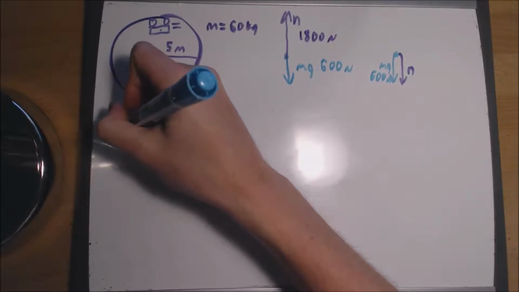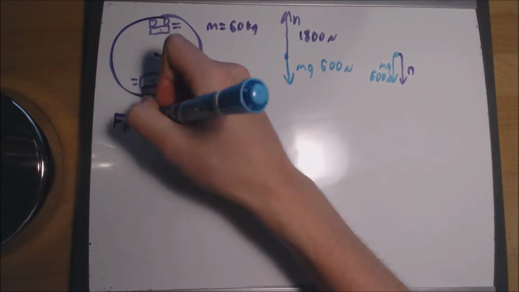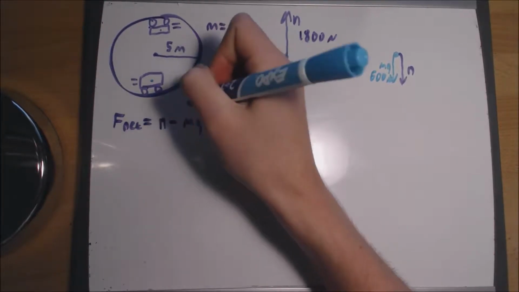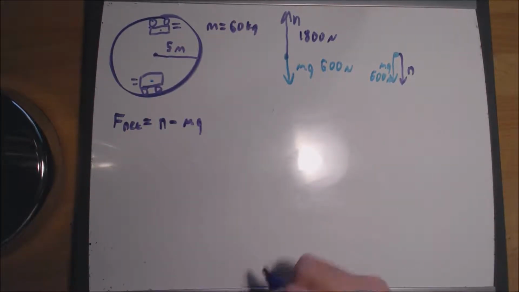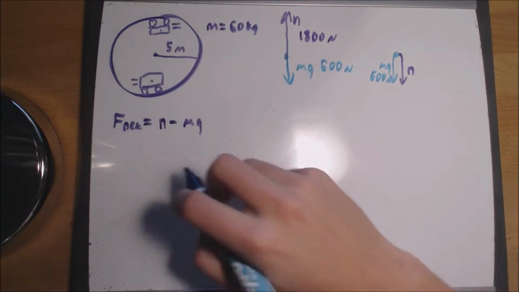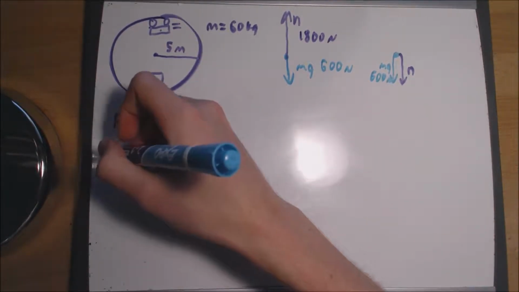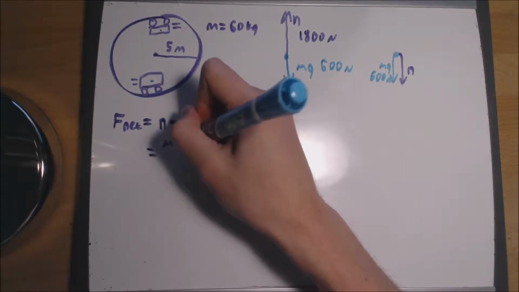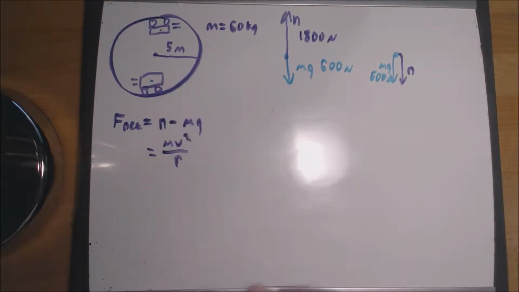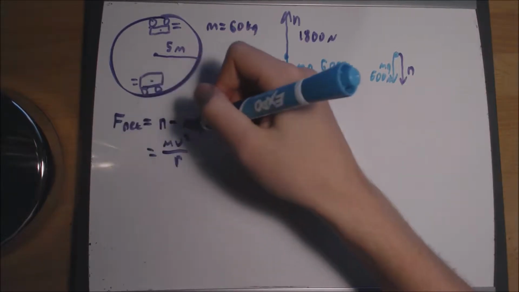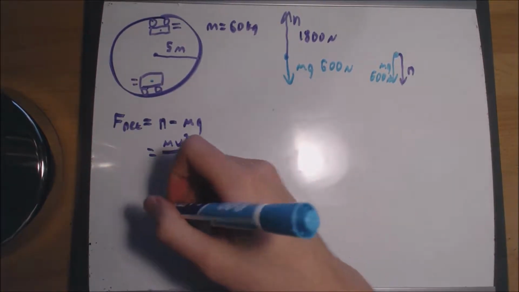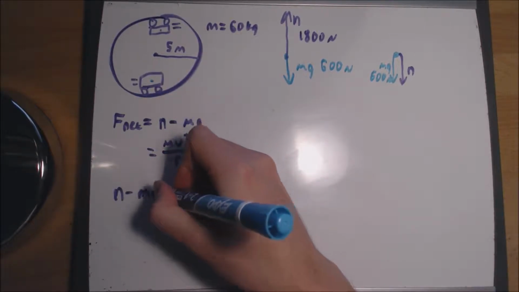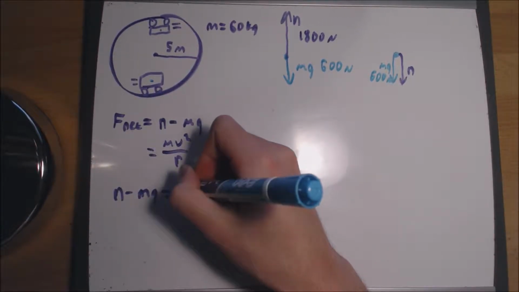So at the bottom, F net equals N minus mg. We also know that since he's in circular motion, our net force is the centripetal force, which is mv squared over r. We know net force is both these things, so we can set them equal to each other. N minus mg equals mv squared over r.